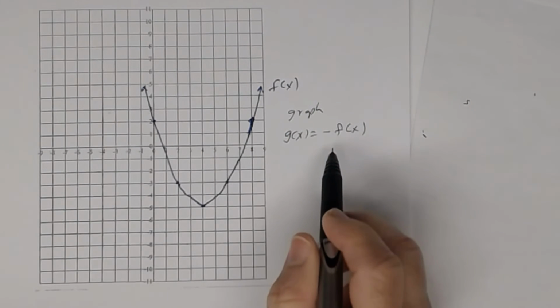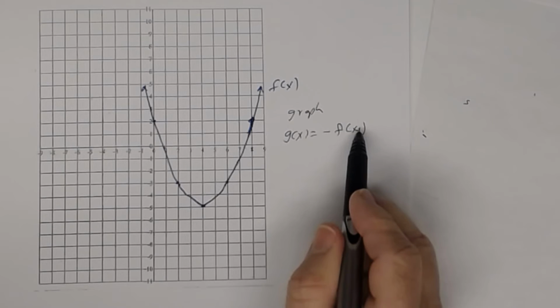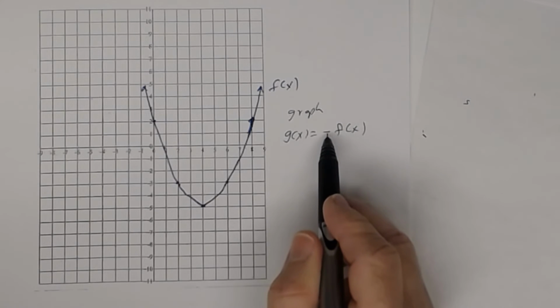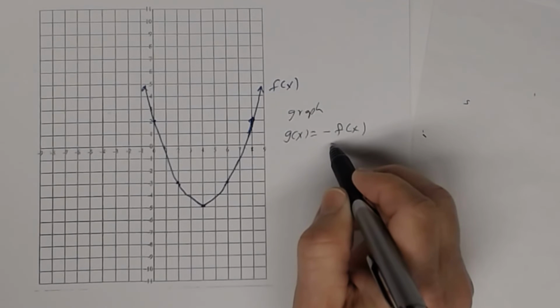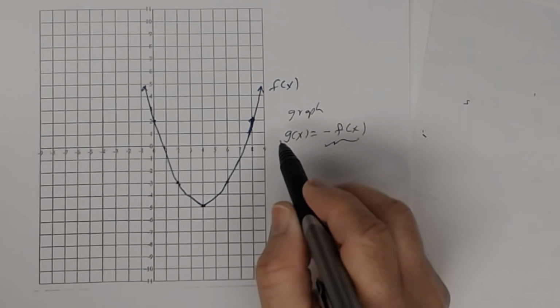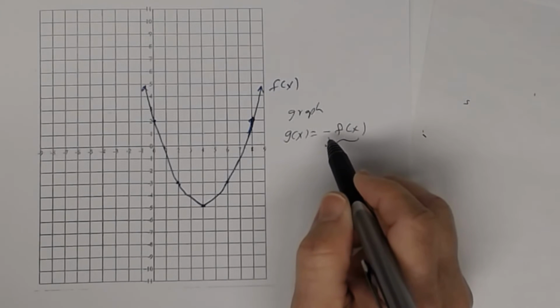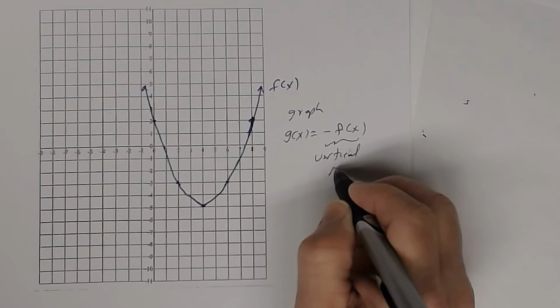Whenever you see something like this, remember f of x is y, right? So now you're going to take the opposite of y. You have to recognize right away that that's a vertical reflection.